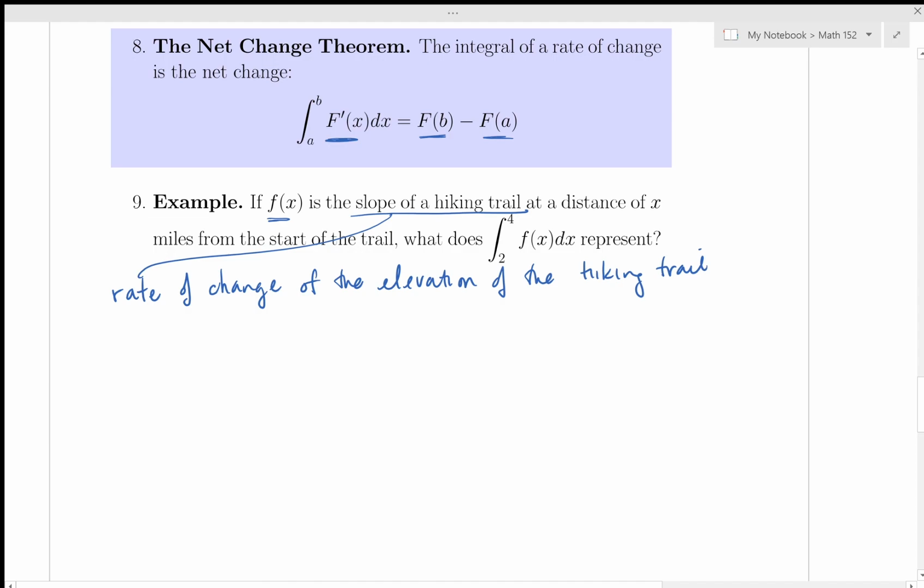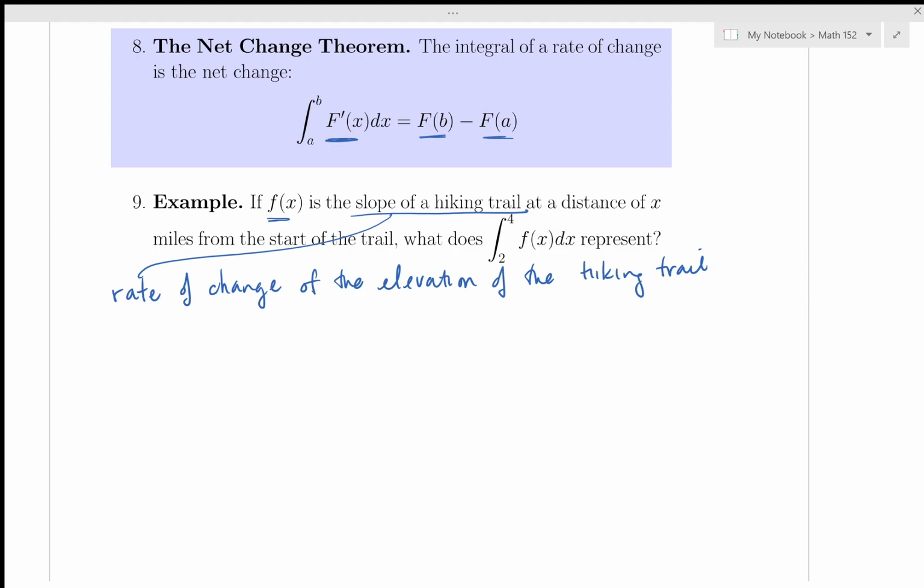If the slope of a hiking trail is a large positive number, that means it's very tiring, a steep uphill. If the slope is 0, that means it's flat. If the slope is negative, you are going downhill.